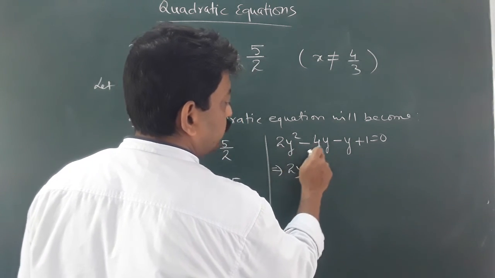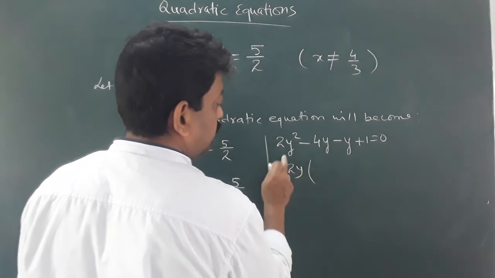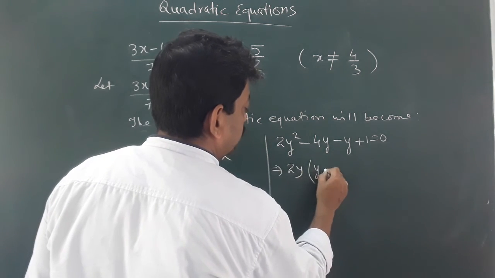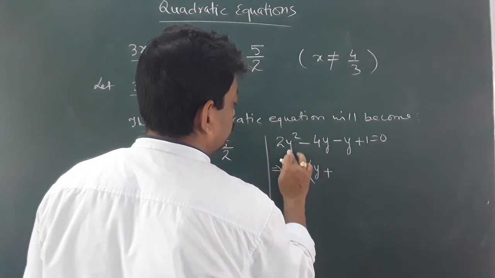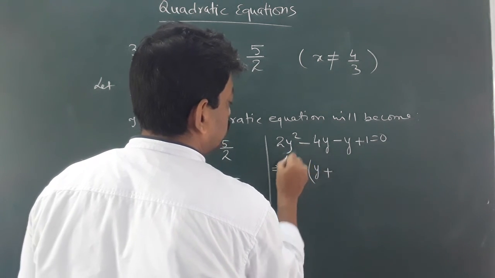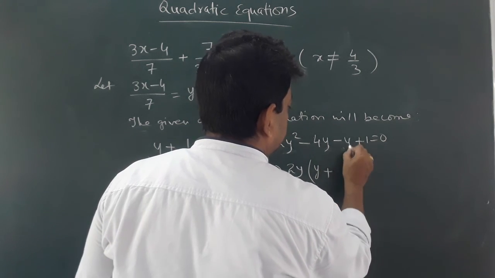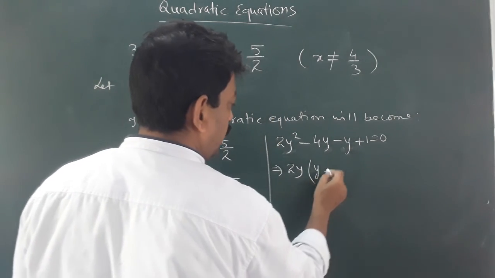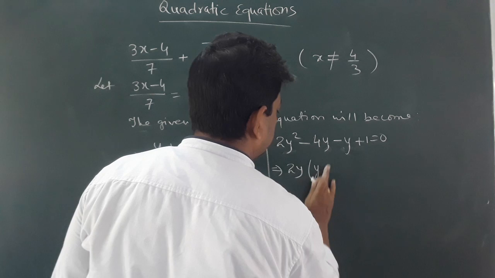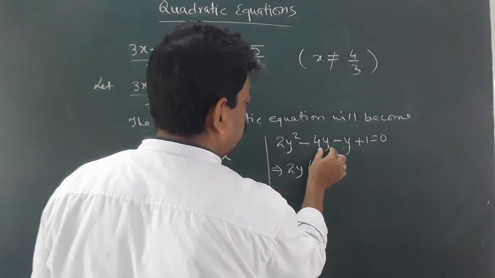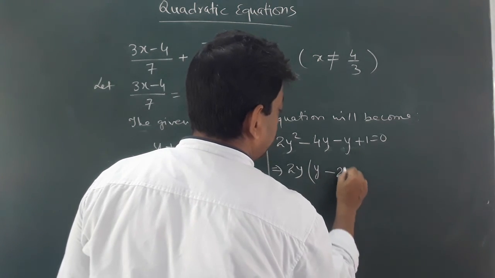This is 2y square and 4y, so 2y can be taken as common. So left will be y, and here it will be minus, and from 4y I have taken 2y common, so 2 will be there.